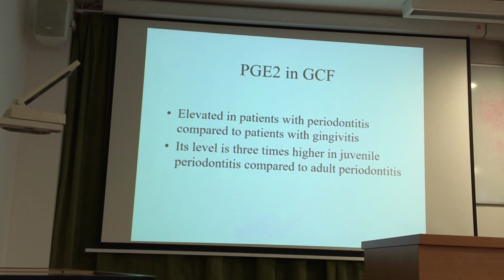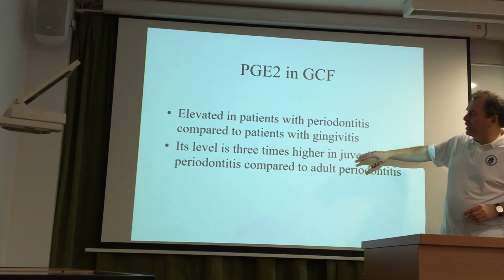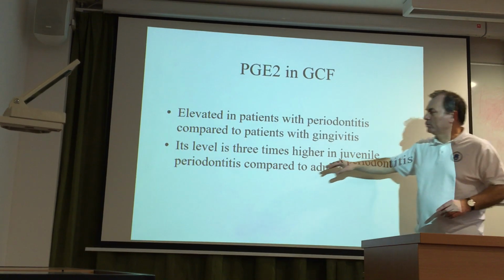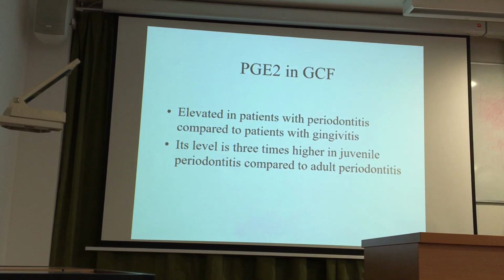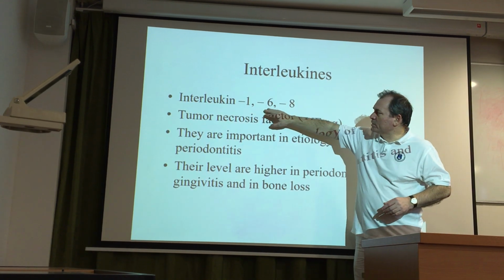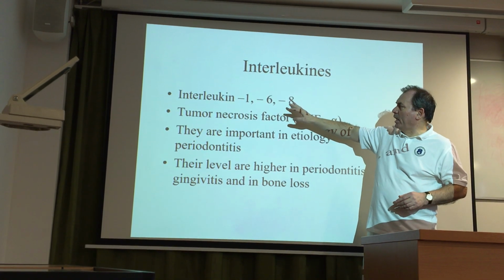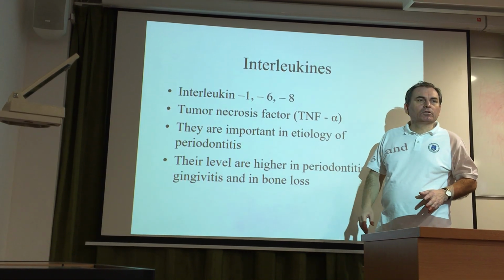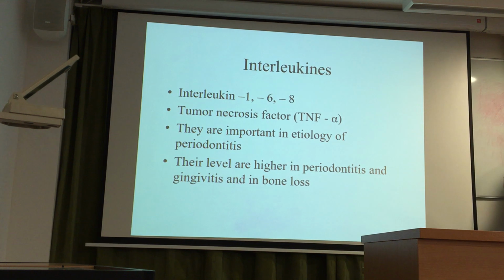You can measure this marker content in the sulcus, and you will see that in periodontitis, especially in young persons, juvenile periodontitis, the level is much higher than in a healthy situation. And we have molecules, interleukin 1 beta, alpha, and 6, 8, which accumulate when you have periodontitis, so inflammation and bone destruction. Because the side effect of inflammation is bone destruction.